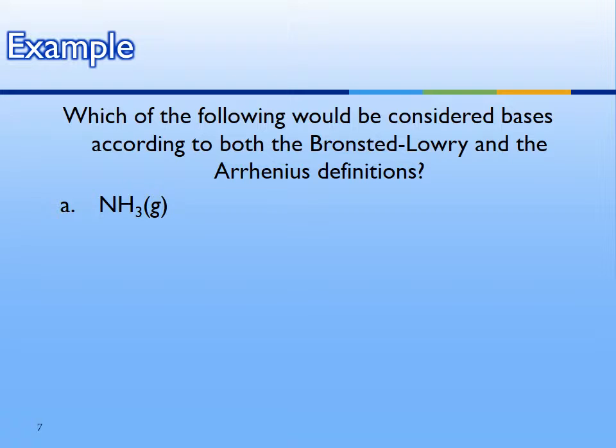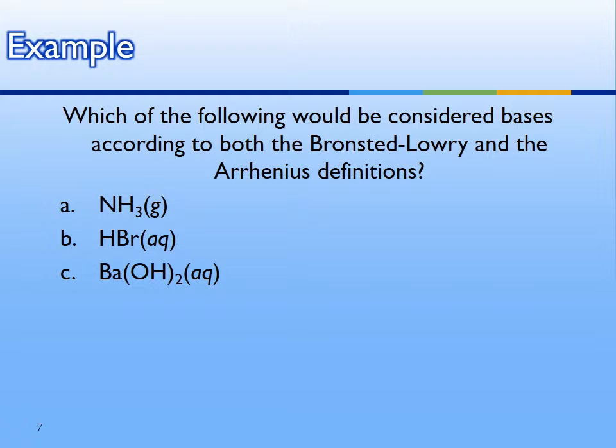So this is not an answer that works. What about hydrobromic acid? Could this be a base? Well, certainly not an Arrhenius base, but it certainly could be a Bronsted-Lowry base, because if you draw the Lewis structure, you'll see that it has lone pairs of electrons on the bromine.